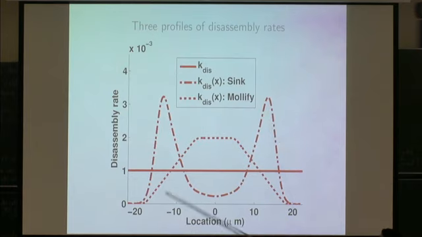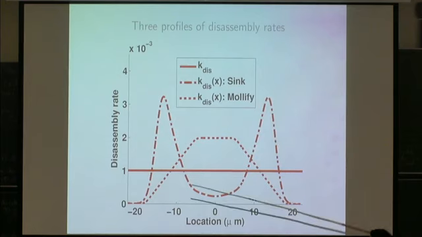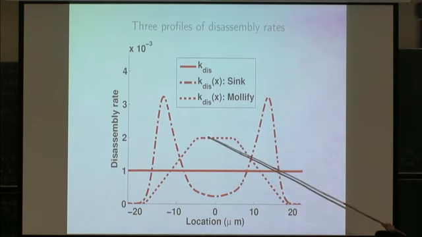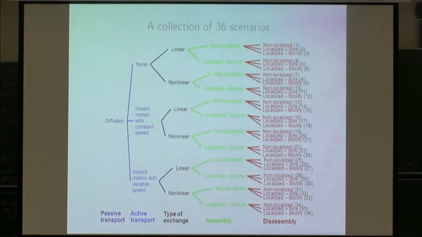We also assume a third possibility, where the disassembly is mainly focused around the nucleus, and again we need to find the level of this one. So now, if I go back, I don't have 4 scenarios but 36. I'm going to have diffusion all the time, very small, for the jiggling of the filament.